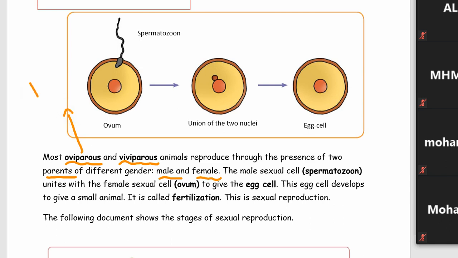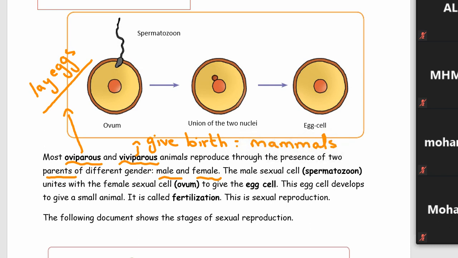Oviparous animals are the animals that can lay eggs. Viviparous animals give birth to live young, and they are only mammals.